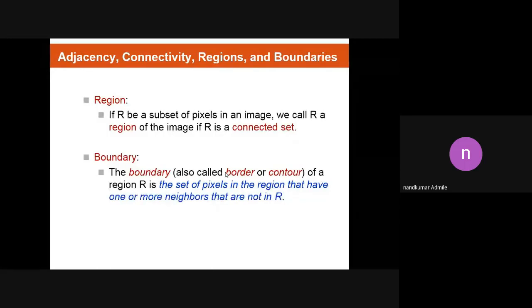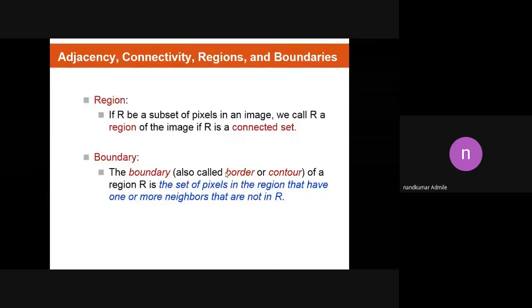And fourth is a boundary. What is a boundary? Again take the same example. At the side of Maharashtra there is Gujarat, there is Karnataka, right? So there is a separation between Maharashtra and Karnataka. That separation between these two states is called a border or boundary.